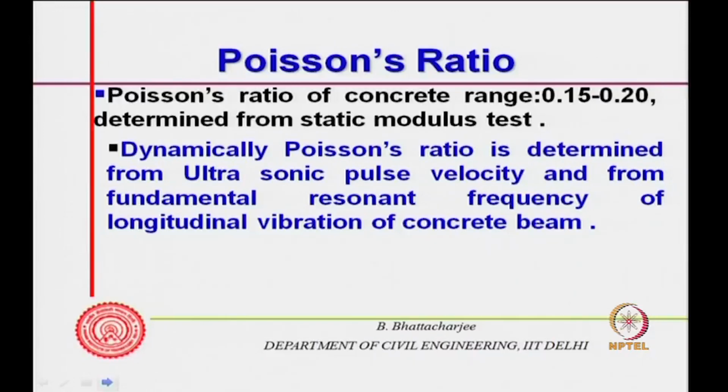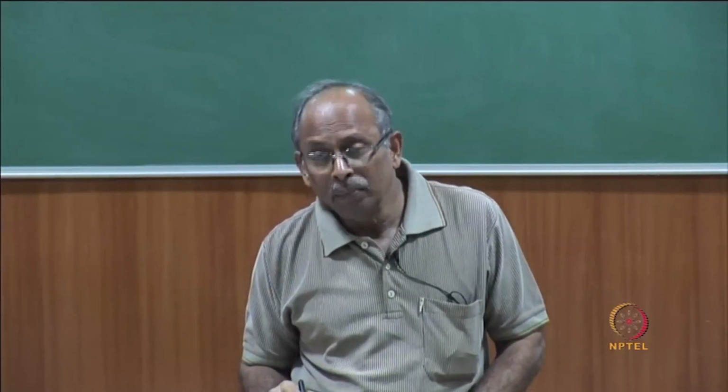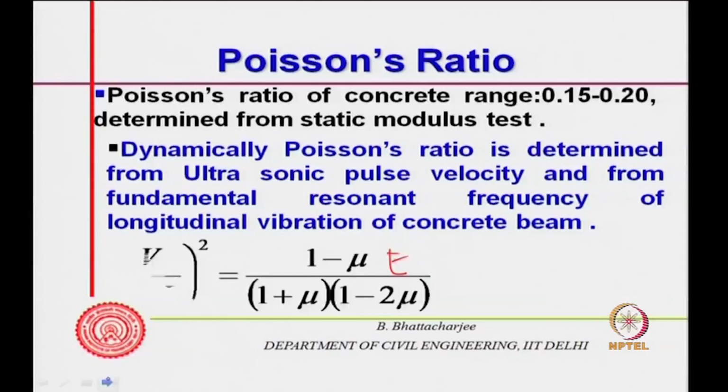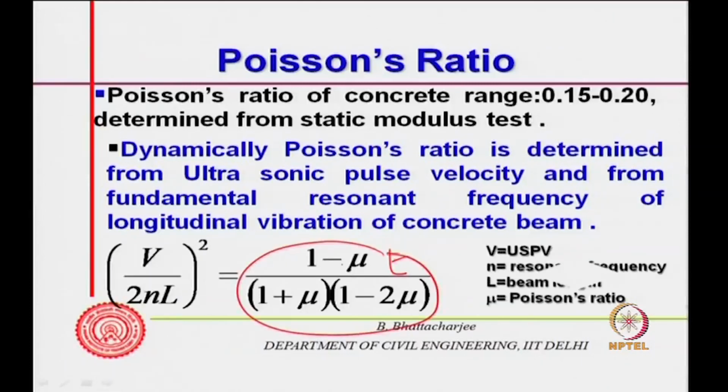Now, how do you determine this? It was related to the bulk modulus. This is involved in the velocity equation. The Young's modulus is related to the bulk modulus in this manner, where mu is the Poisson's ratio.